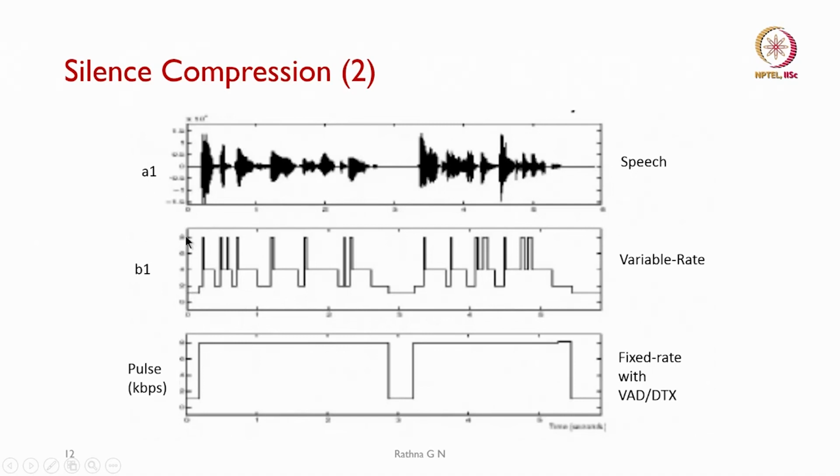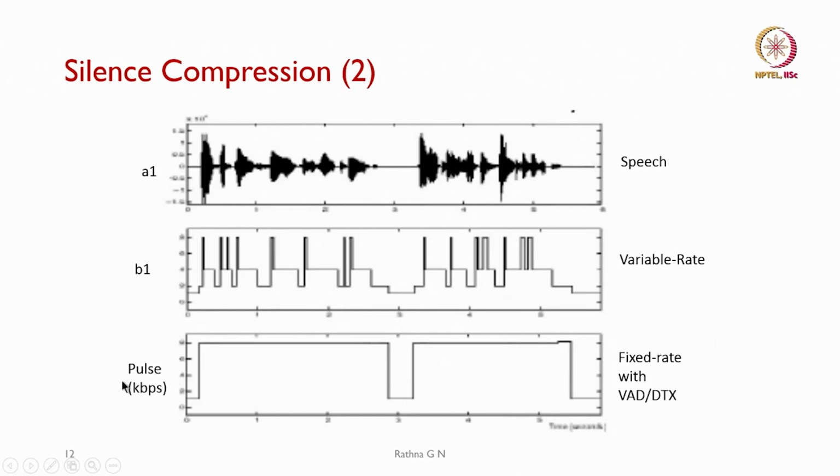When there is a signal you use the high bit rate, so that you can get the value of the output. That is how the variable rate avoids the silence zone with minimal bits.